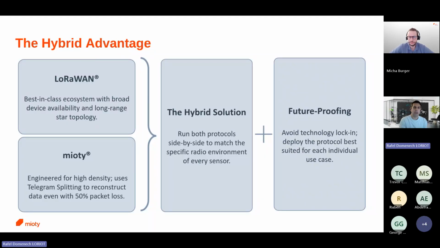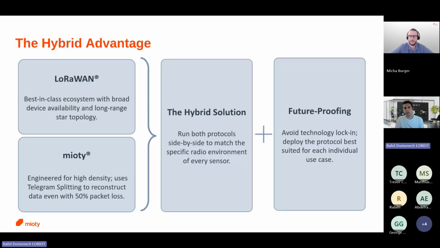But as you scale into high-density environments, interference, collisions, and so forth become a major obstacle for this chirp-modulated LoRaWAN. And this is where mioty shines. Because of the telegram splitting, a single message is split into many tiny short bursts across different frequencies, so it can survive the extreme interference.